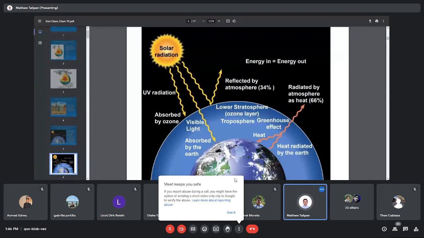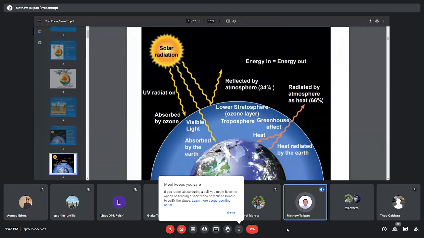I mean to say that this decomposition and formation of ozone is regulated in an equilibrium process. But because of human activities, we introduce some chemicals that accelerate the breakdown of ozone faster than it is being formed. So that creates a problem.